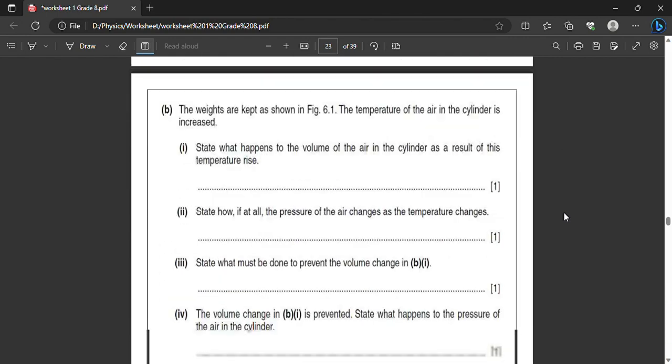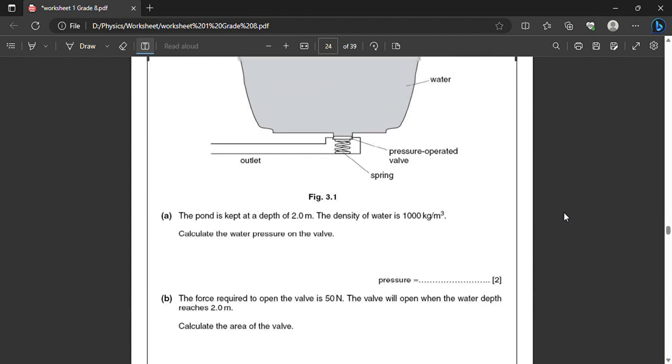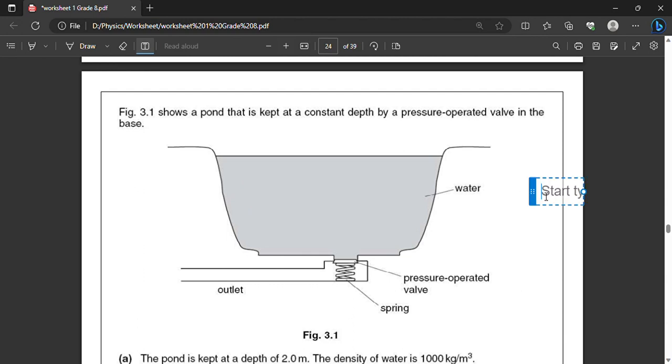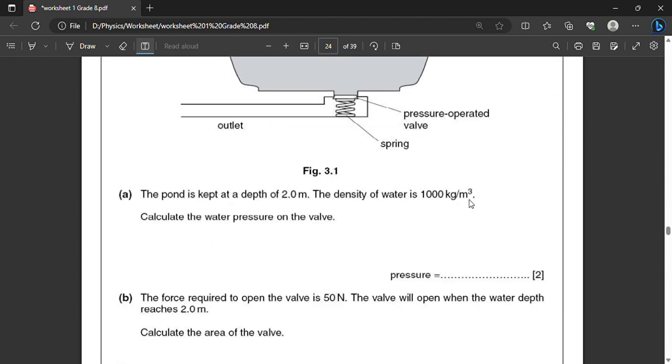They gave a water pressure somewhere. I'm just focused on some main topics. This is the picture that they gave, and they said the pond is kept at a depth of 2 meter, density is 1000 kilogram per meter cube. Calculate the water pressure. This is a nice question.